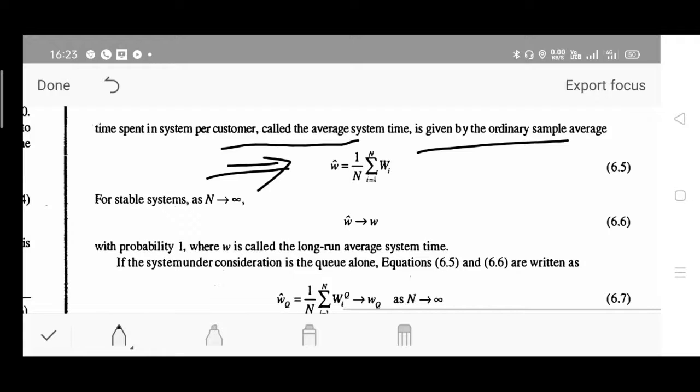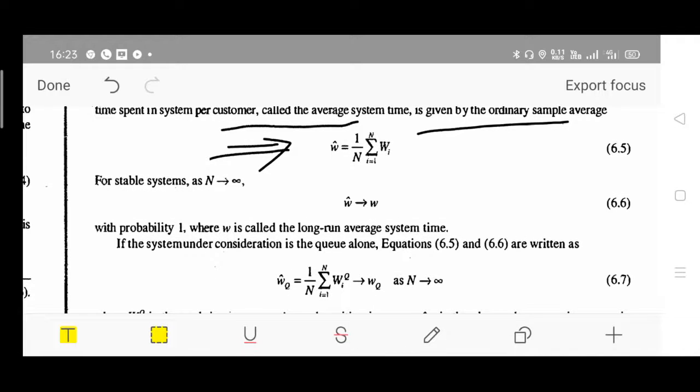For any stable system, the value of n will be infinity only, right? There will not be any restriction for a stable system. In real time, any number of customers can enter, or any number of arrivals can be observed.